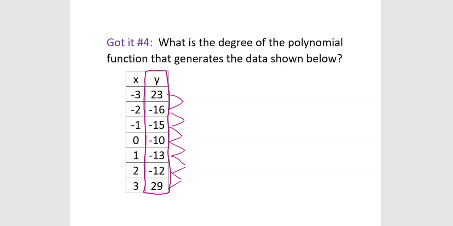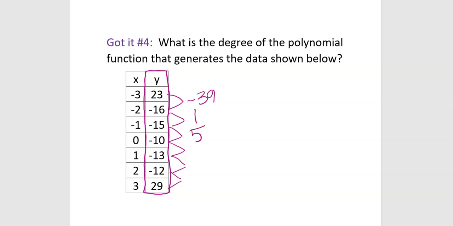Okay, so negative 16 minus 23 is going to be a big negative number. Negative 39. Negative 15 plus 16 would be a 1, so we already know that it is not a first degree. Negative 10 plus 15 would be 5.